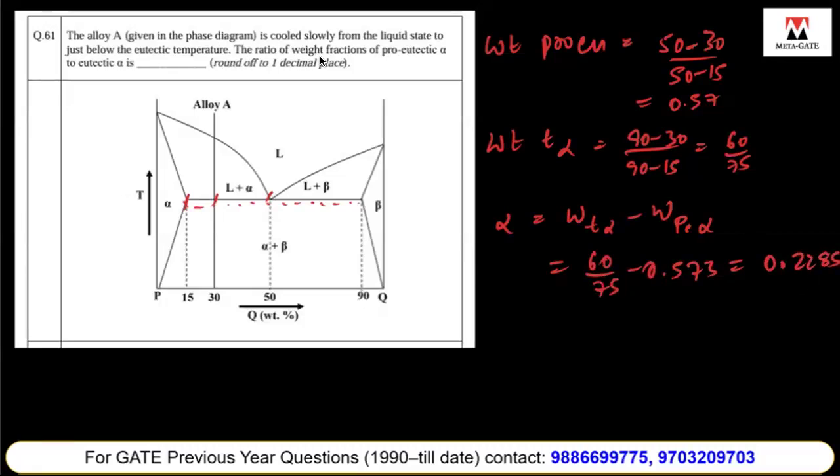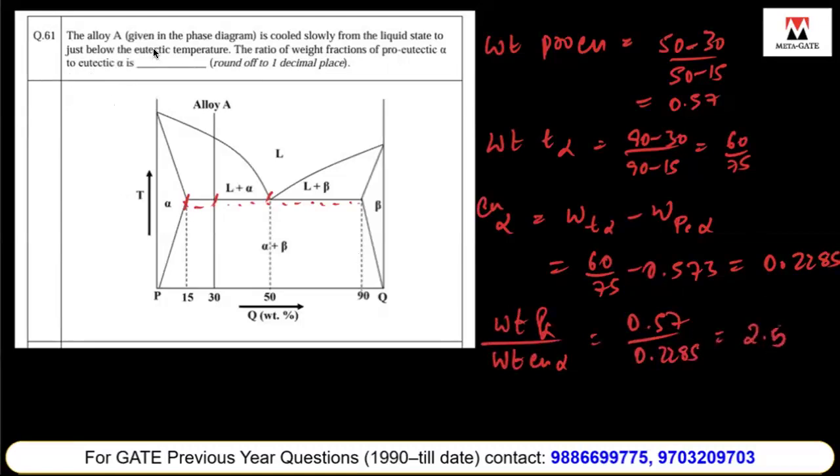Here it is asked as the ratio of weight fraction of proeutectic alpha to eutectic alpha. So 0.57 by 0.2285 is equal to 2.5. Okay, thank you.